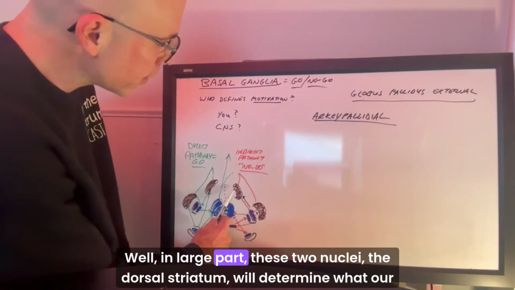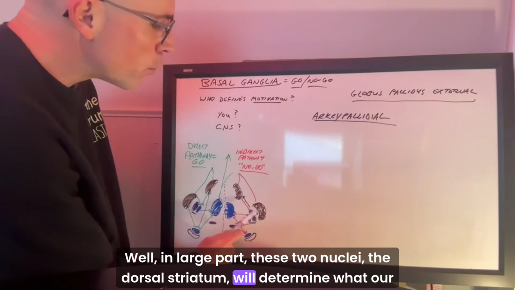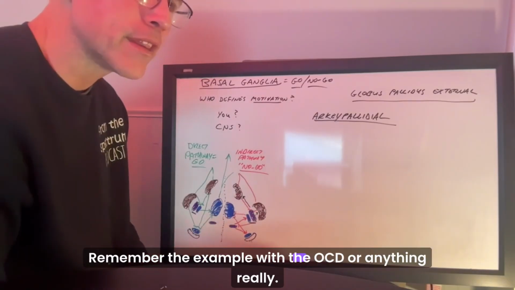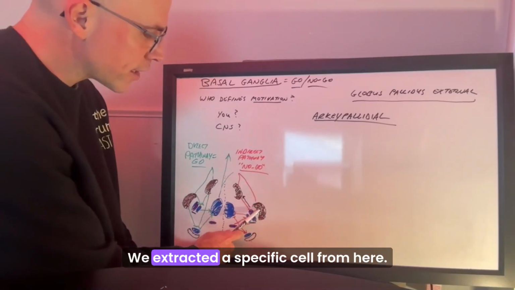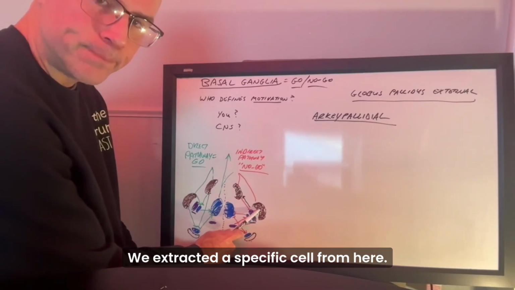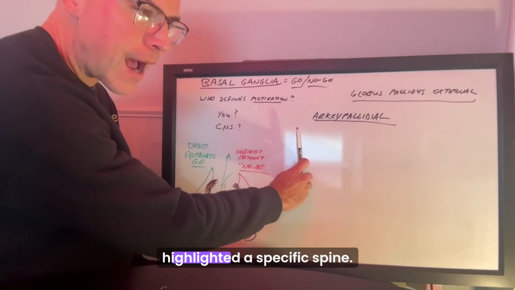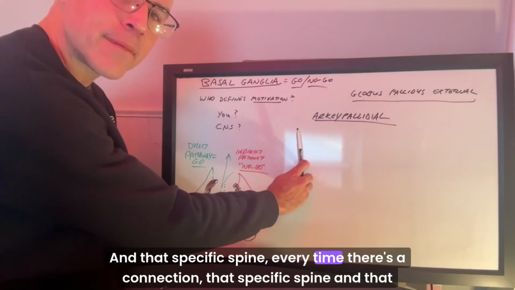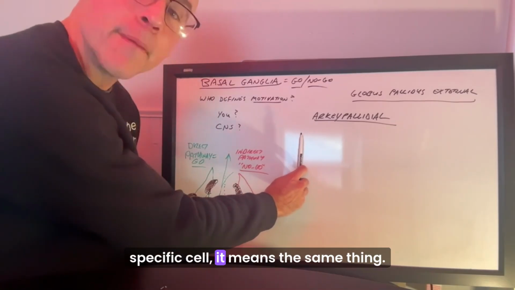Well, in large part, these two nuclei, the dorsal striatum, will determine what our actions are. Remember the example with the OCD, or anything really. We extracted a specific cell from here, and we drew it out, and we highlighted a specific spine, and every time there's a connection, that specific spine in that specific cell means the same thing.